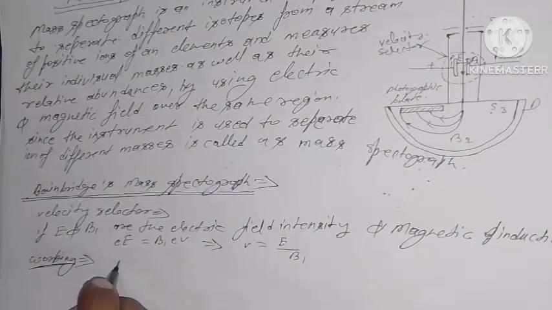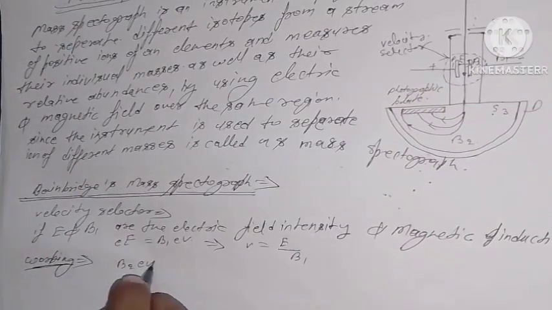Radial spectral lines are given by 1 minus φ square by 2 approximately.